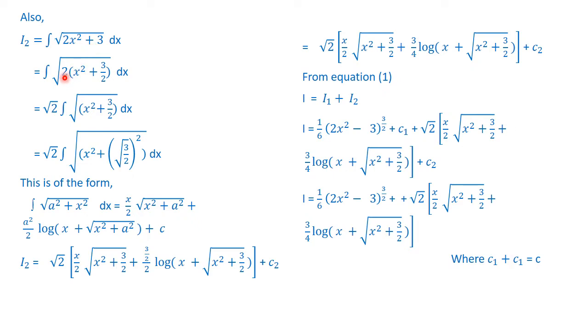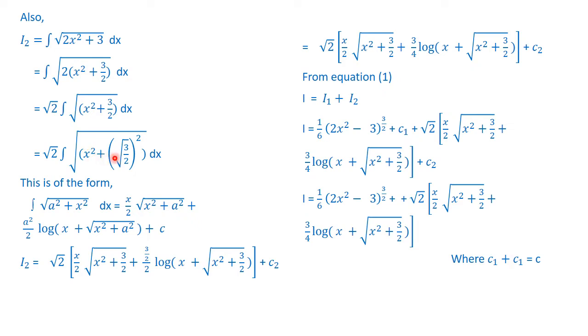So here if we write 2 outside the bracket, then inside the bracket we have to divide by 2. So here 2 by 2 gets cancelled and here we have 3 by 2. Now taking 2 outside the square root, it is root 2. Since it is a constant, we take it outside the integral. Inside the bracket we have x square and this 3 by 2 can be written as root 3 by 2 whole square.